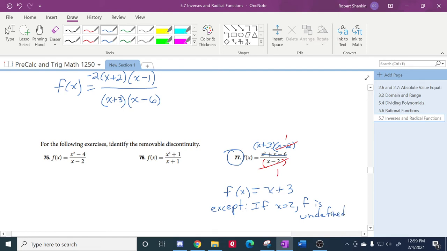If x is equal to 2, you'd get 0 on the top and 0 on the bottom. 0 divided by 0 is also undefined. When you divide by 0, it's undefined no matter what.